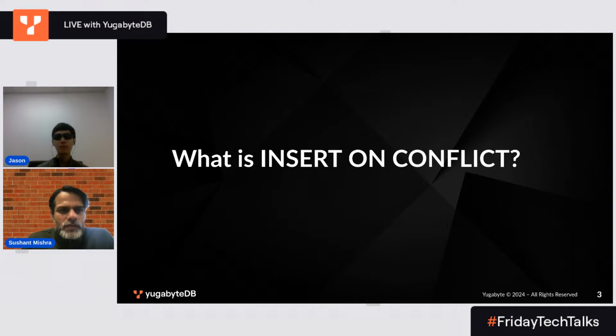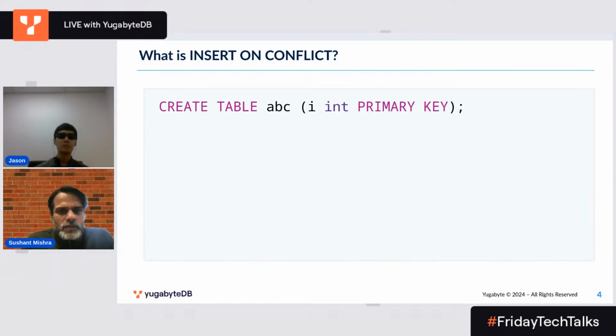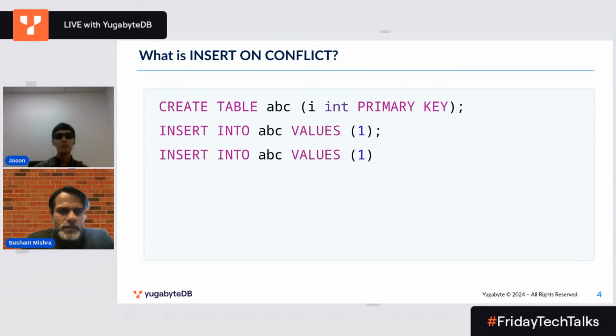So what is insert on conflict? Let me show. Let's create this table, ABC, that just has an int as primary key, and insert a value 1 into it. If we insert another 1 into this table, it will throw a duplicate key error.